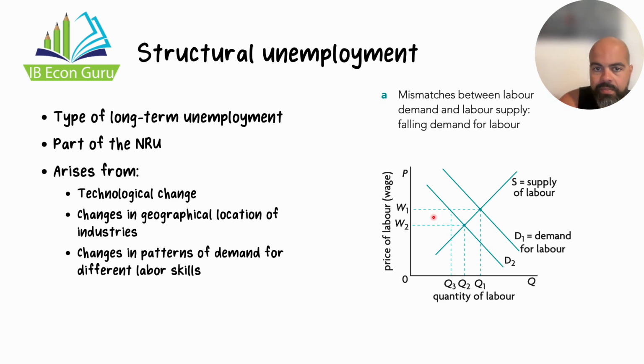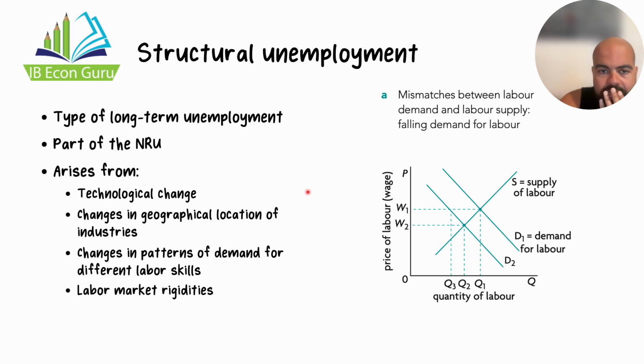They are sticky. The wage rate remains at W1 for a period of time because of what we call labor market rigidities. There's rigidity in the labor market. Wages don't always fall as they should for whatever reason. Maybe there are protections. Maybe businesses find it easier to just fire workers, all of that kind of stuff.